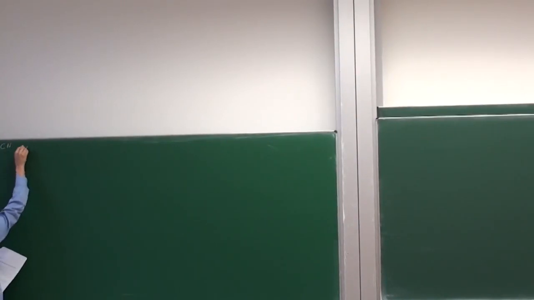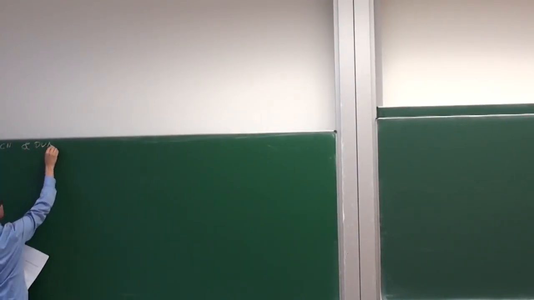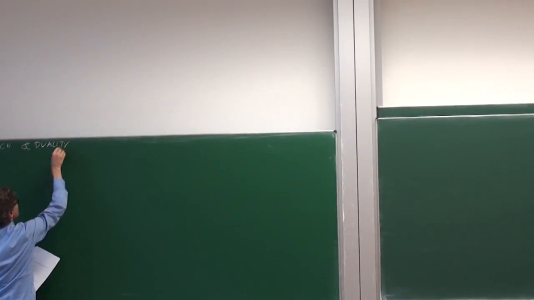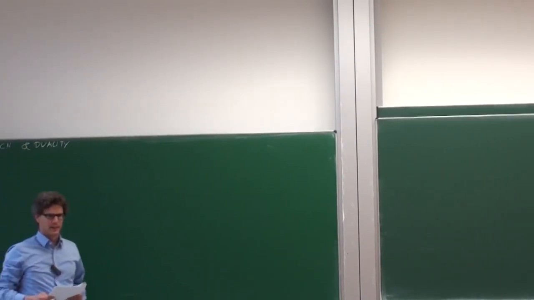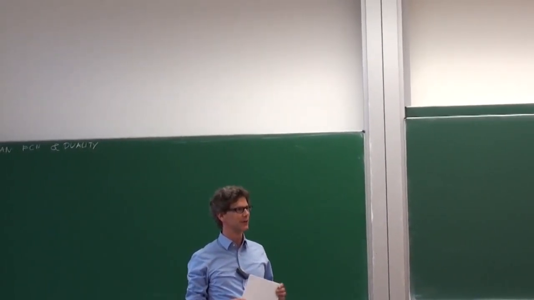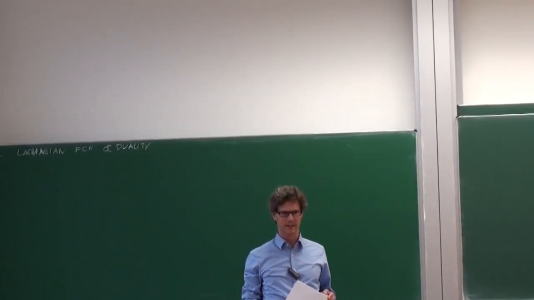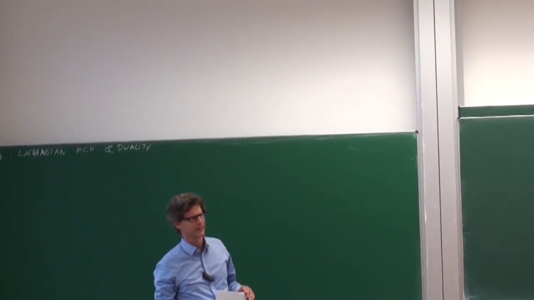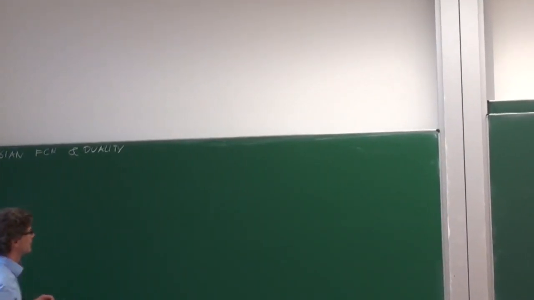Chapter 4 is about the Lagrangian function and duality. And as you might guess from this name, it has something to do with Lagrange, the great French mathematician of, I think, the 18th century.